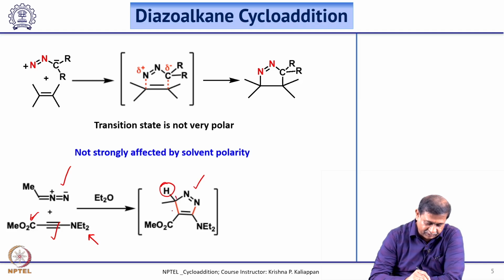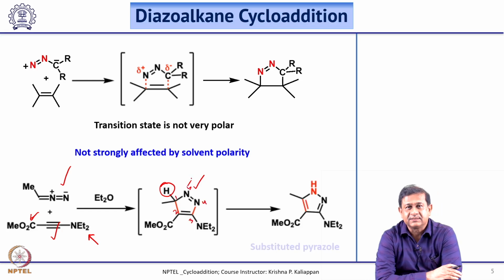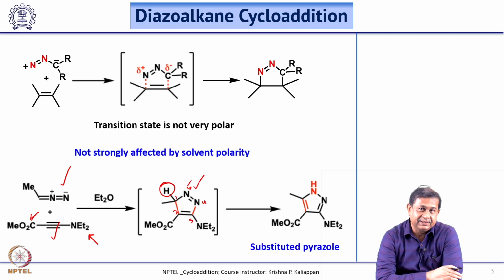This can undergo, in principle, a 1,5 hydrogen shift to form these substituted pyrazoles. Or in other words, if you choose the substrates or the dipolarophiles properly, you can easily make several pyrazole derivatives using this 1,3 dipolar cycloaddition.